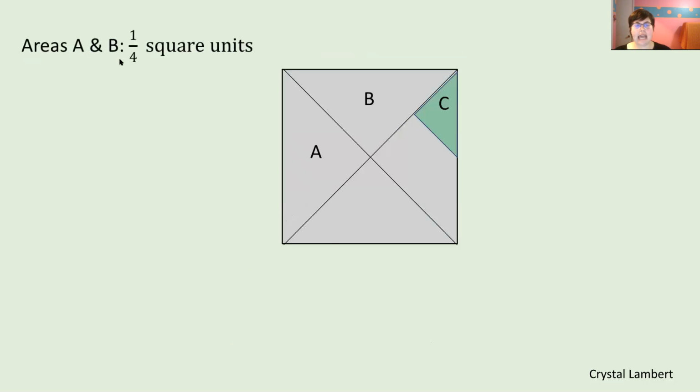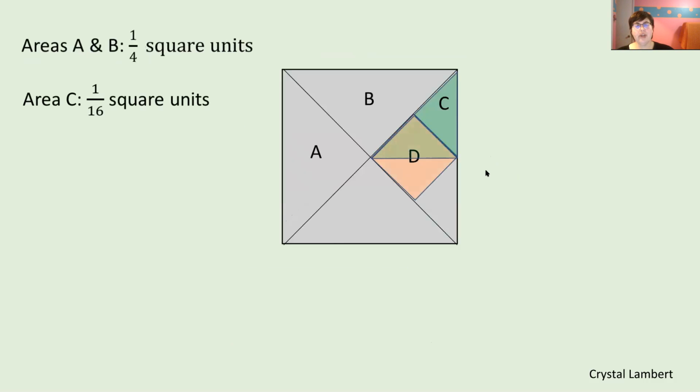So areas A and B are 1/4 square units. We figured that out originally. So what is C? Well, we just figured out that this green triangle is 1/16 square unit. So then we have D. How do we figure out D?